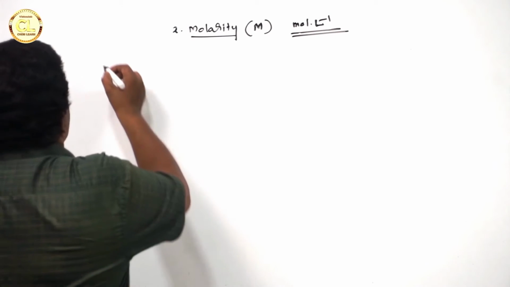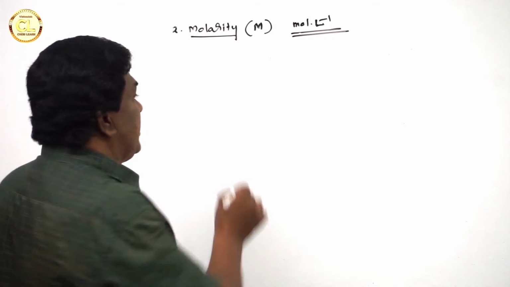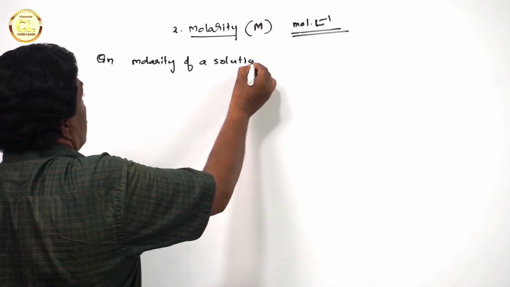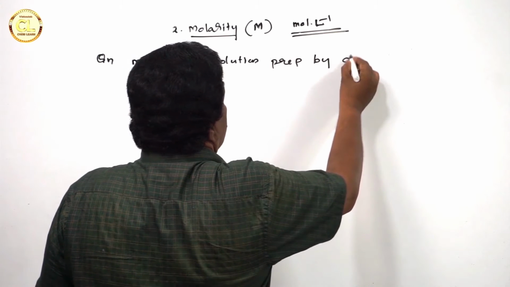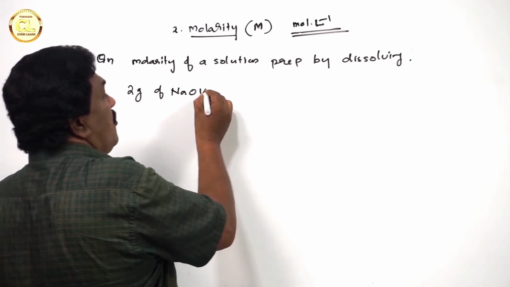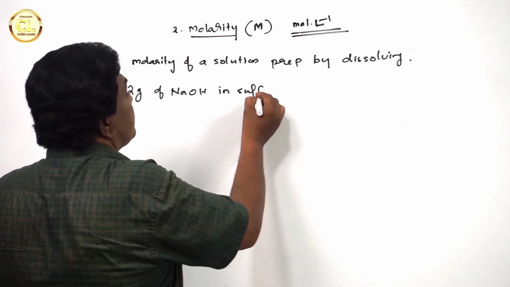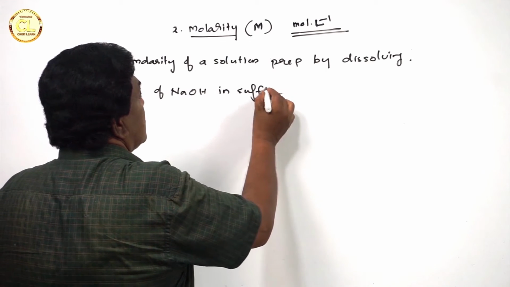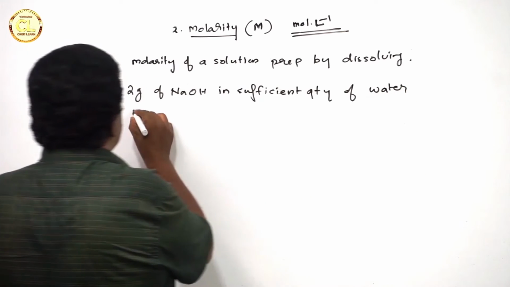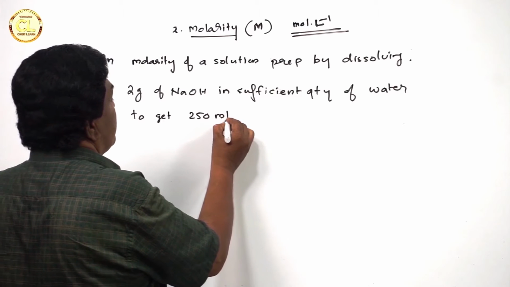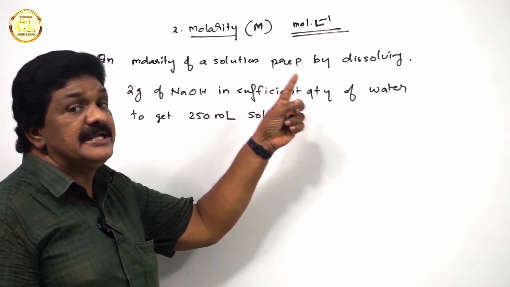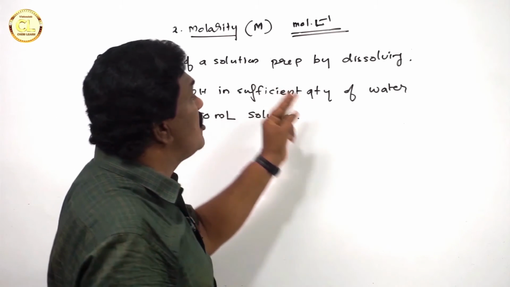Question: calculate the molarity of a solution prepared by dissolving 2 gram of NaOH in sufficient quantity of water to get 250 ml solution.